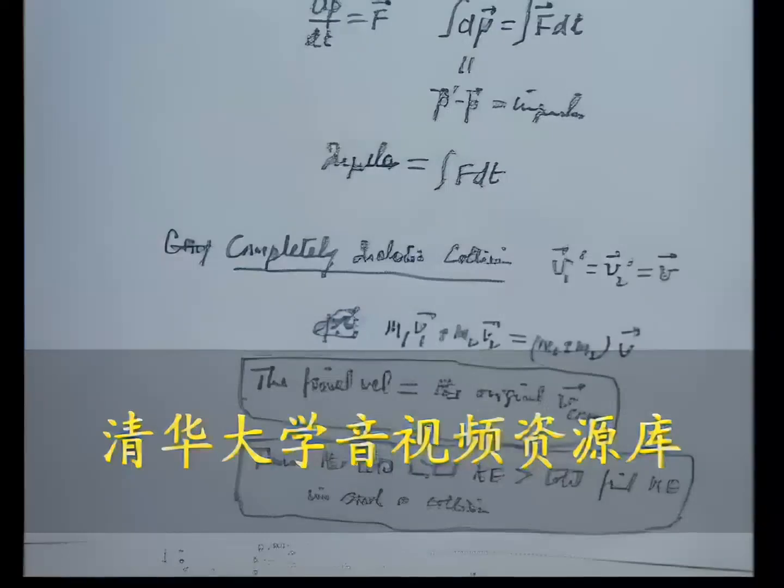Because both the initial and final, the kinetic energy of the center of mass is not changed. But the kinetic energy in the center of mass system at the beginning is a positive number. At the end is zero. So therefore kinetic energy is lost.